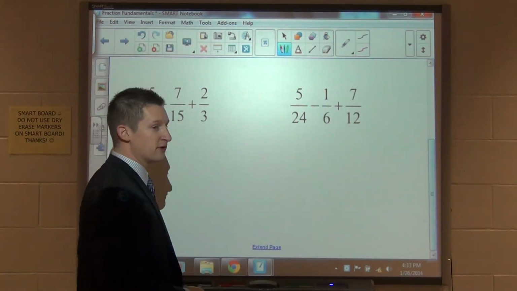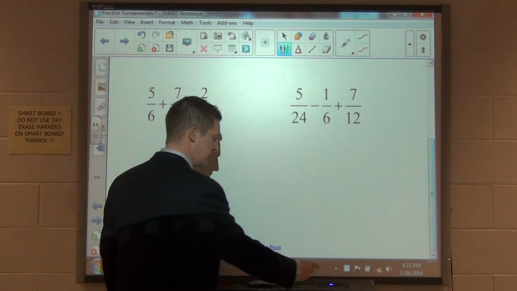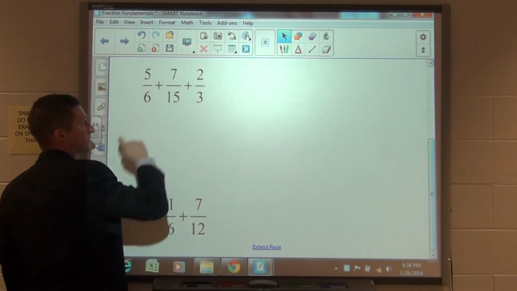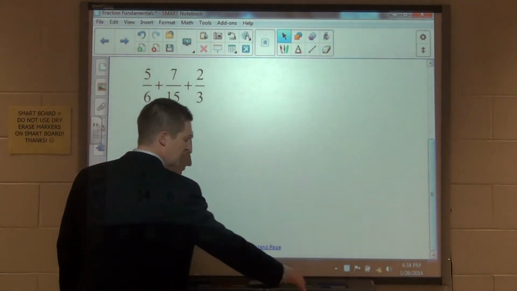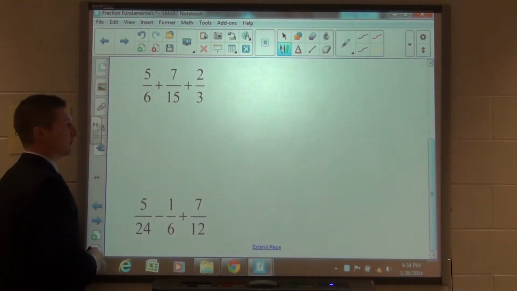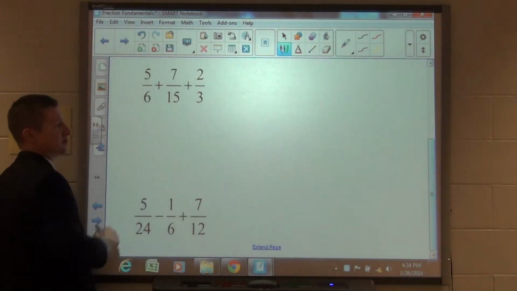This same method of finding common denominators in order to add or subtract fractions works even if I have 3 fractions at the same time. For this expression, I see a denominator of 6, a denominator of 15, and a denominator of 3. If I want to find the least common denominator between these 3, I could look at the factors that make up each of these numbers.